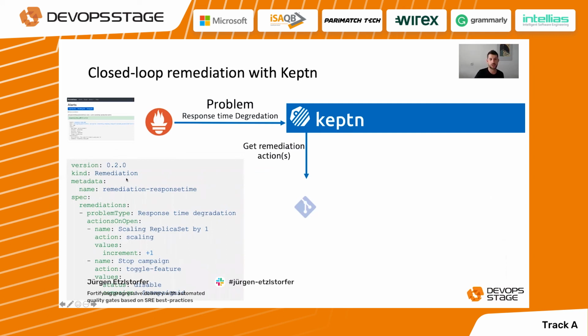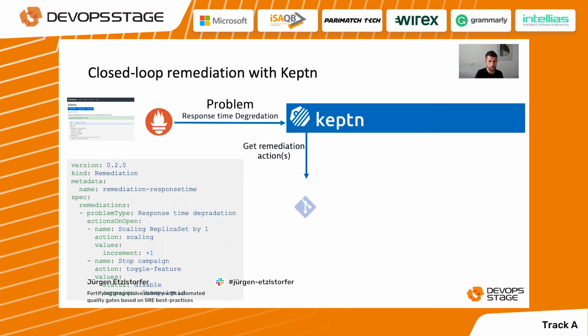The name is just the human readable name, but the action is really the one that will be interpreted by Captain and then given to action providers. So the scaling can be Kubernetes scaling, or scaling in some other orchestration tool. In our case, scaling is rewriting the Helm charts, storing the new version of the Helm charts in the Git repository and applying this.